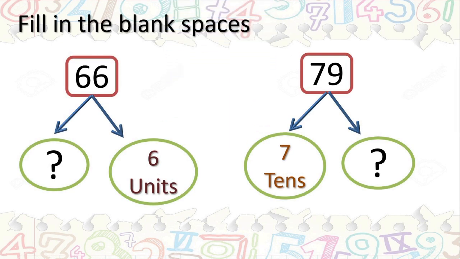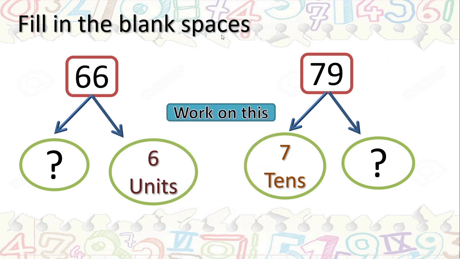Yes, dear children, this is an activity for you. Okay, I hope you understood about the expanded form, about the place values, and you know how to write the place values, what to do with the tens place, and how to write the place value of the digit in the units place. Isn't it? Here, fill in the blanks.